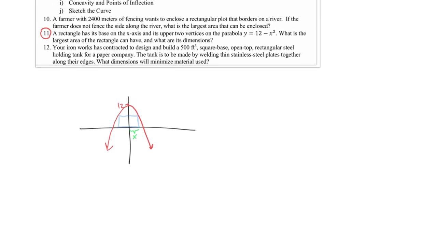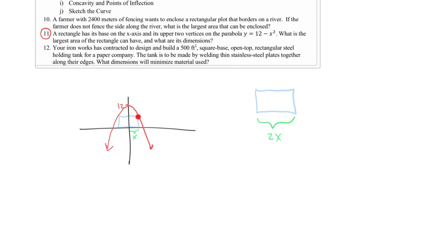Okay, and this is also going to be the same distance x. So we know that with regards to the actual rectangle, the entire base, and maybe we could even call this the length, is going to be 2x.